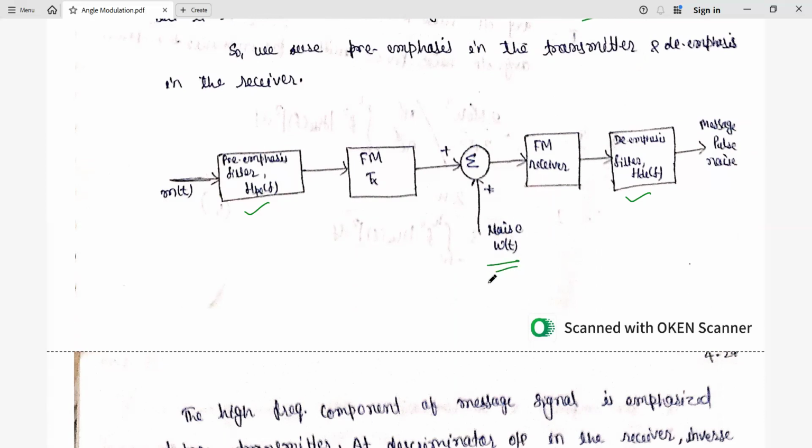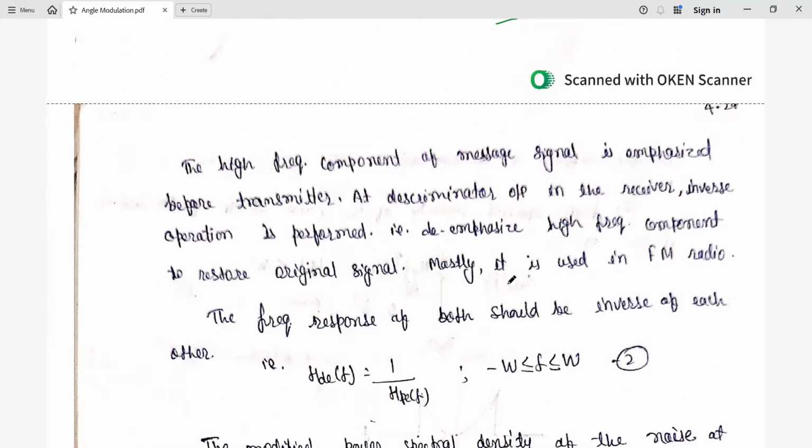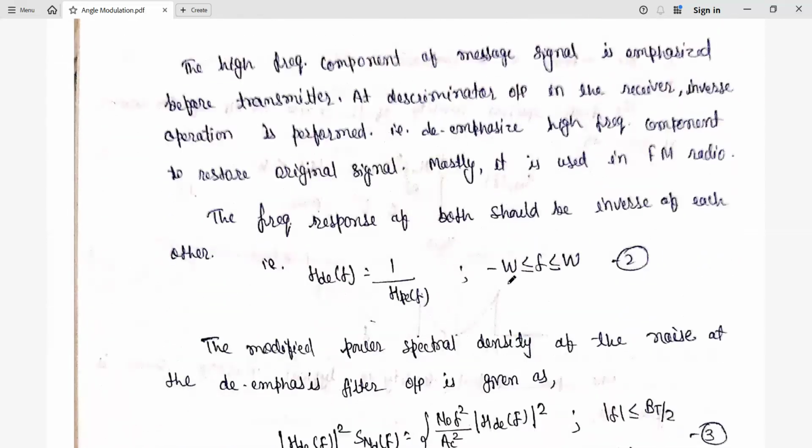Later we'll see the expression showing how the pre-emphasis and de-emphasis responses are reciprocal of each other. So at high frequency component, you have seen that the message signal is emphasized before the transmitter, and at the discriminator output in the receiver, the inverse operation is performed.